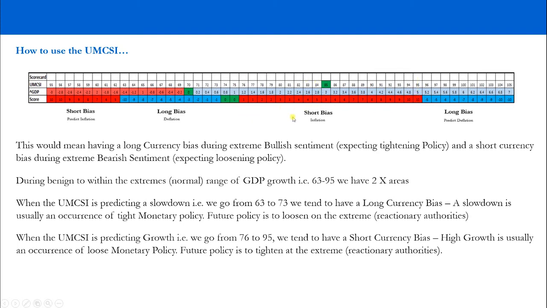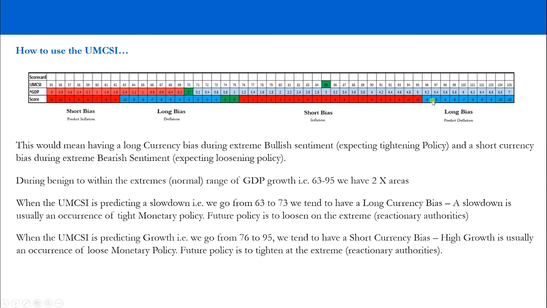We kind of have normal conditions here, so we're scoring on a sliding scale, but the increments are in 0.2 in GDP growth, and we have a normal situation here where growth in the economy is between 1 and 3%, and we score much lower on conviction here than when we score on our sliding scale here in absolute terms, because these are normal conditions.